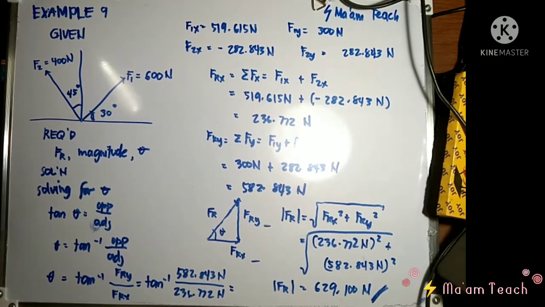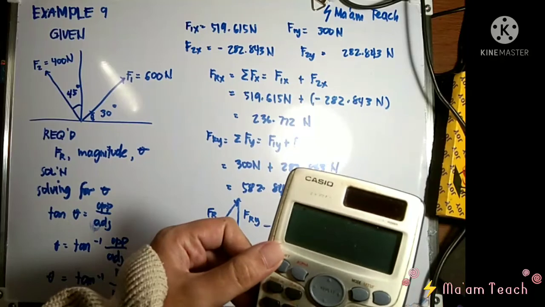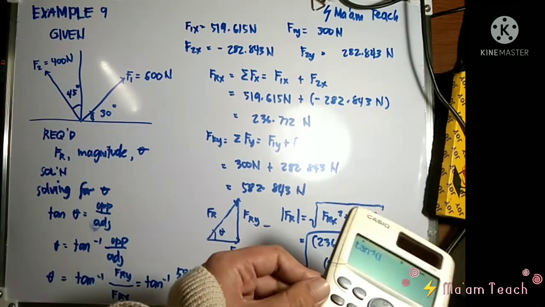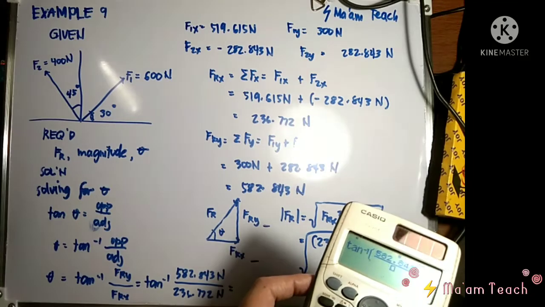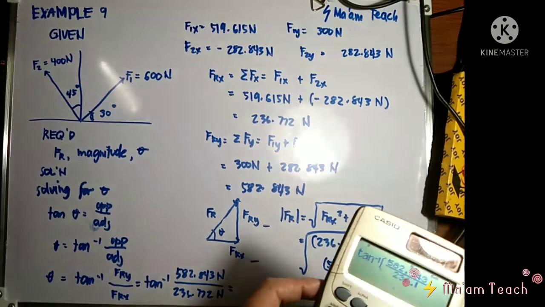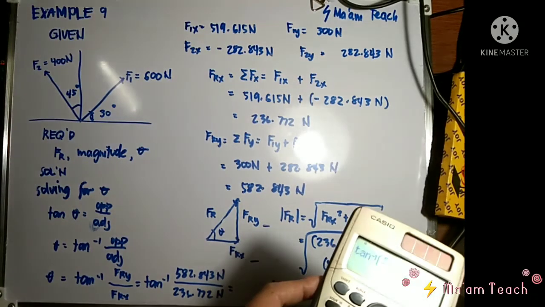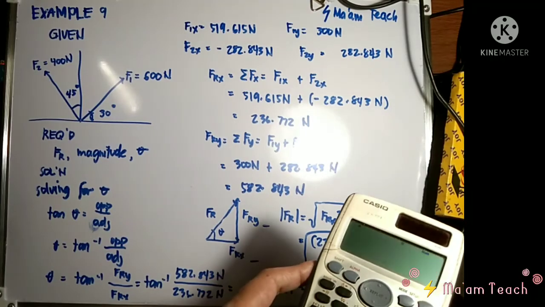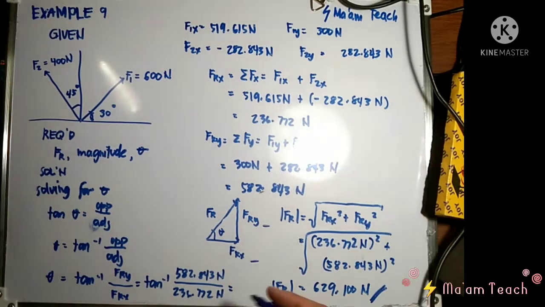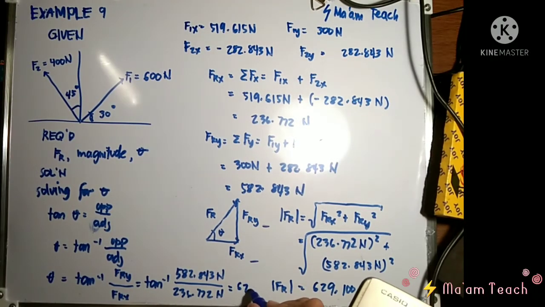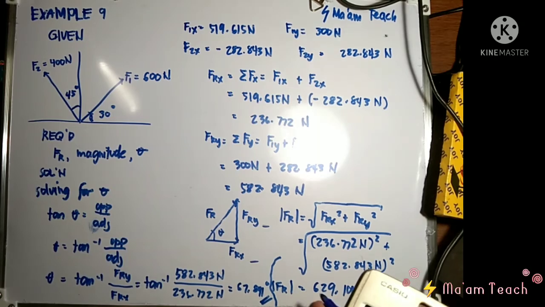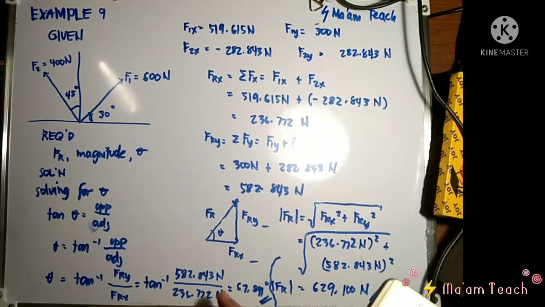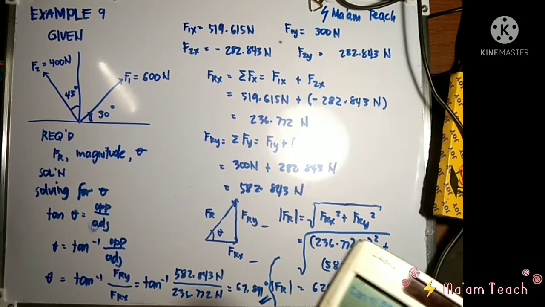Using your calculator, we have arctan of 582.843 over 236.772, and the angle is 67.891. So the answer, class, for the direction is 67.891 degrees.